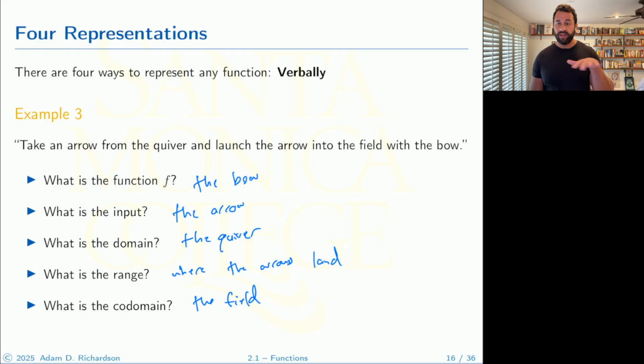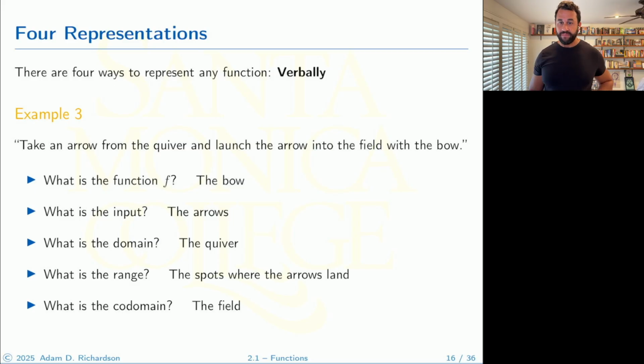The codomain is the field, and the range lives inside the codomain. It's not that you're covering the entire field with arrows. Where the arrows land specifically, that's the range. We take an arrow out of the quiver, we put it into the bow, we launch it, that arrow lands somewhere, and where it lands, that's part of the range. The field covers where the range lives. That's the distinction there.